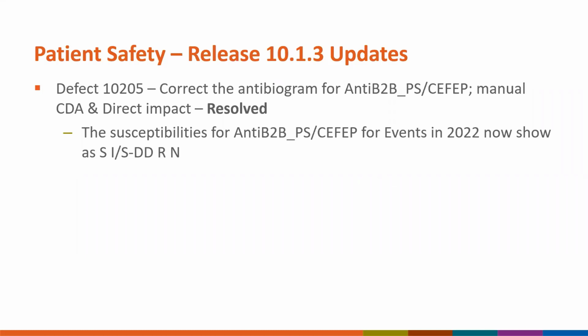This has been corrected to now show as SI/S-DD-RN, which also reflects what is documented in the IDM 10.1 for vendor spreadsheet posted on the NHSN resource website. But as a note, NHSN accepts either S-DD or SDD with no dash for CDA import.